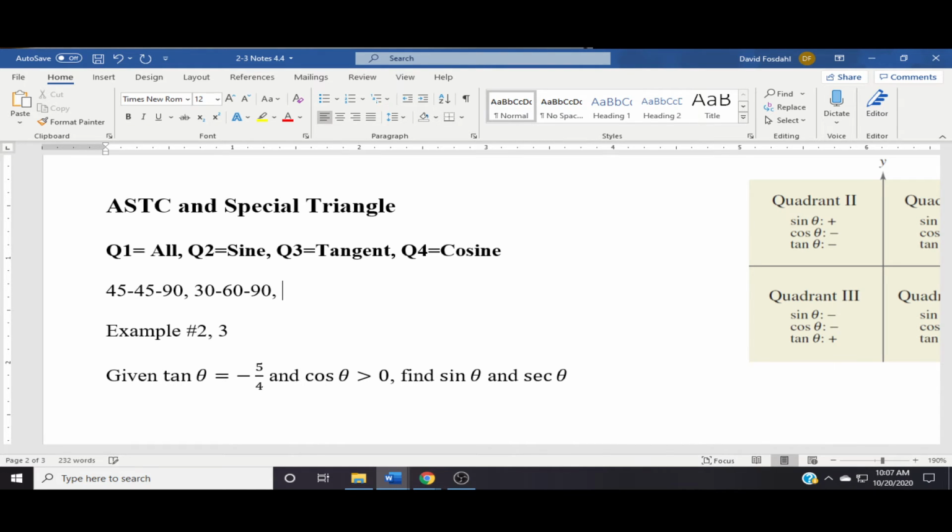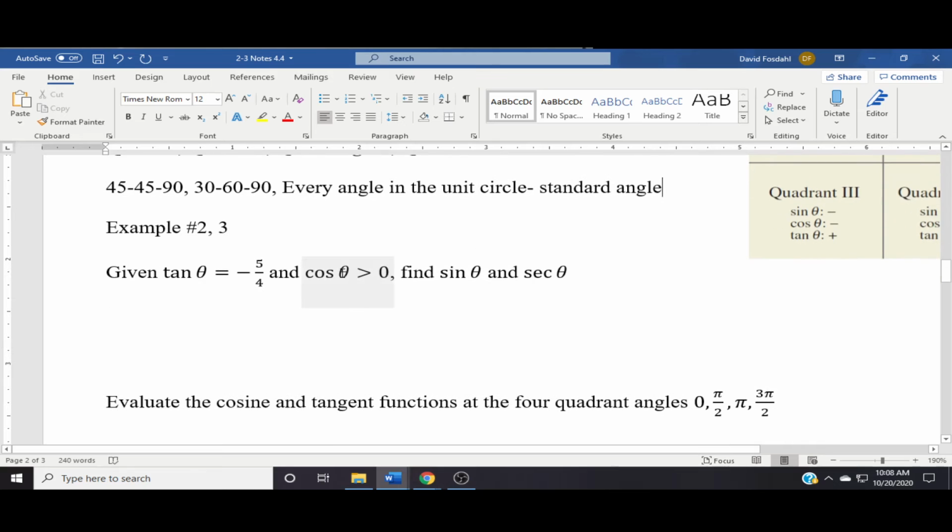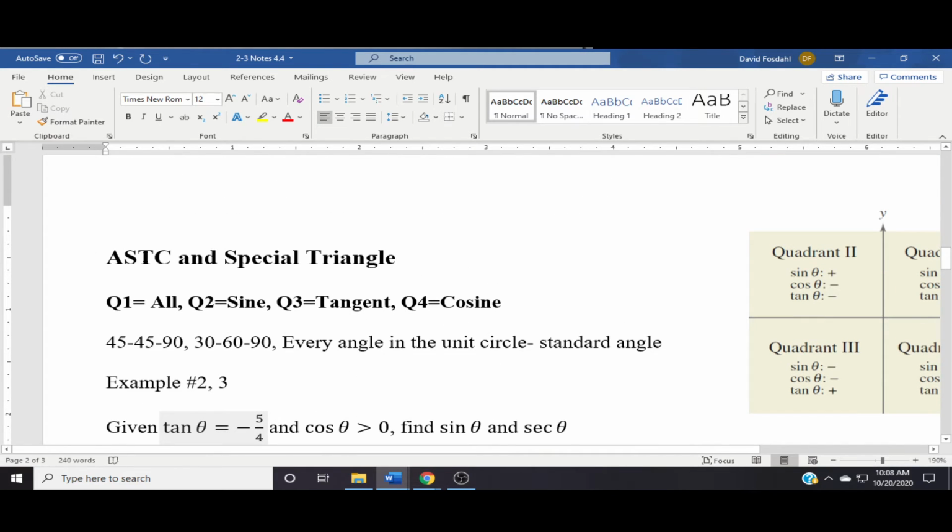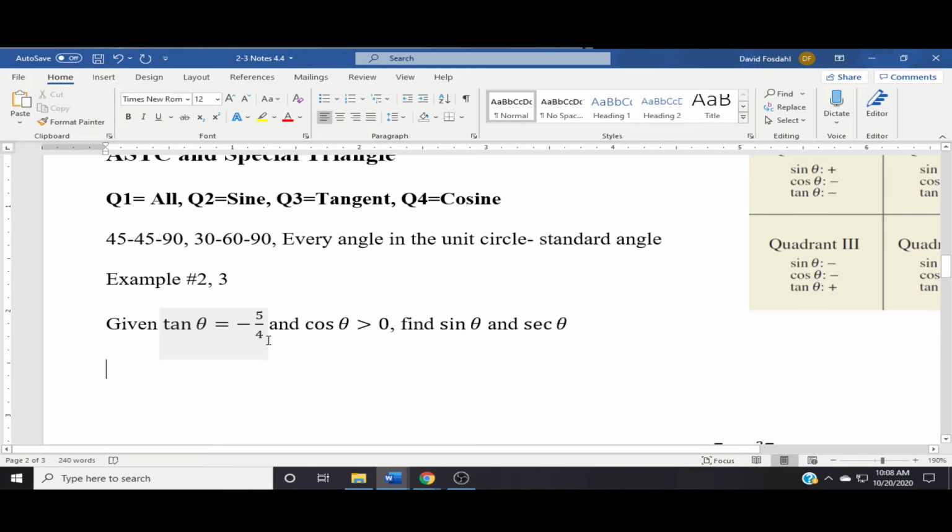If you know both of these, you know every angle in the unit circle, and quite frankly, even more, you know every standard angle. Now, let's look at this, given ASTC and special triangles.